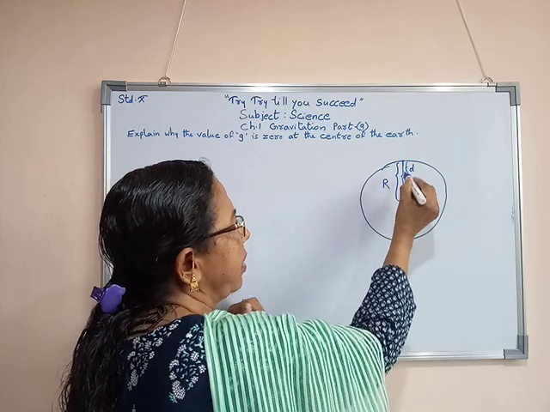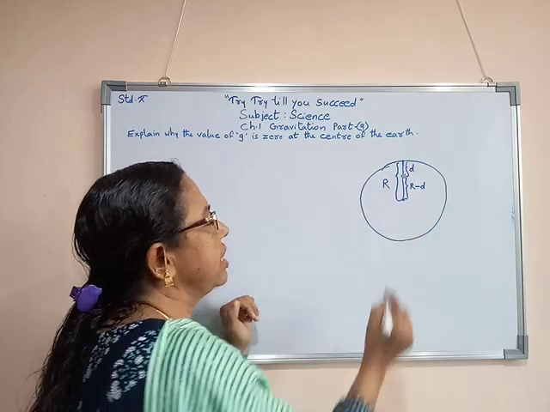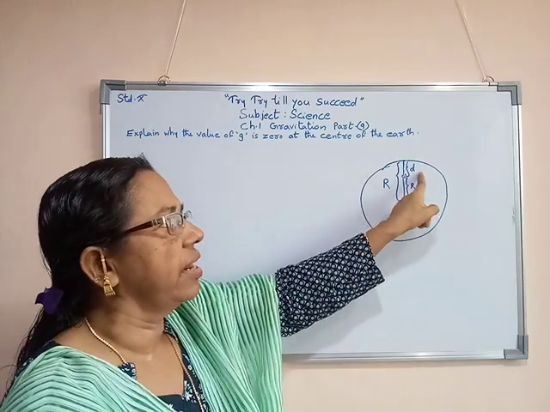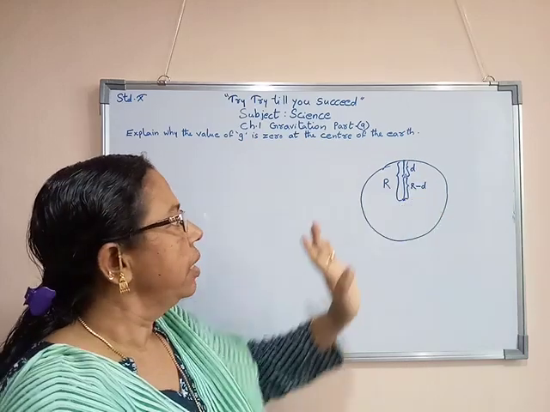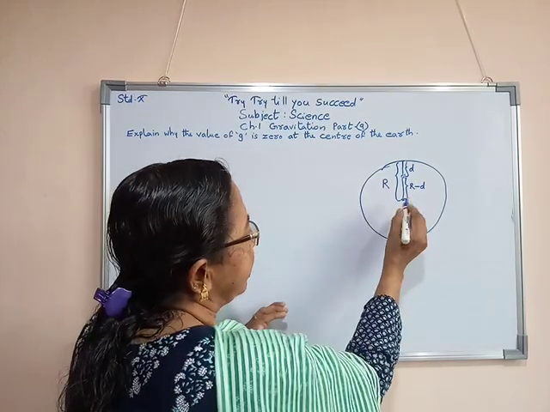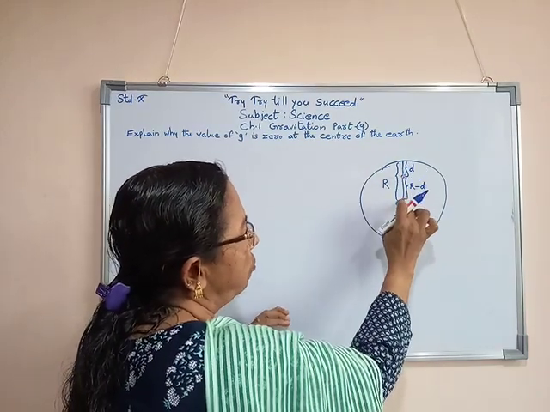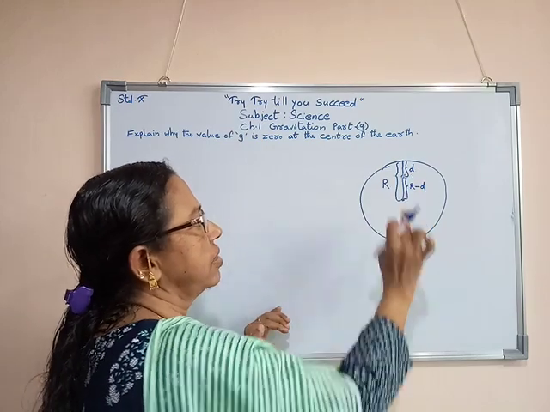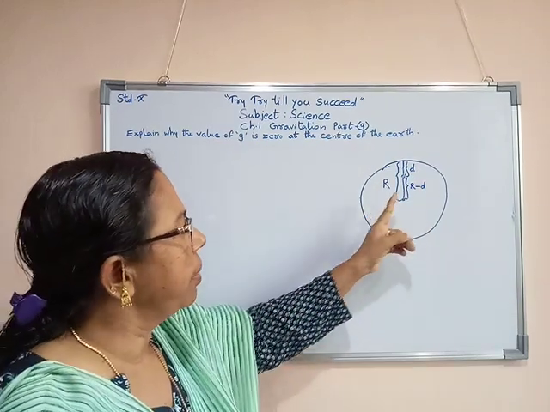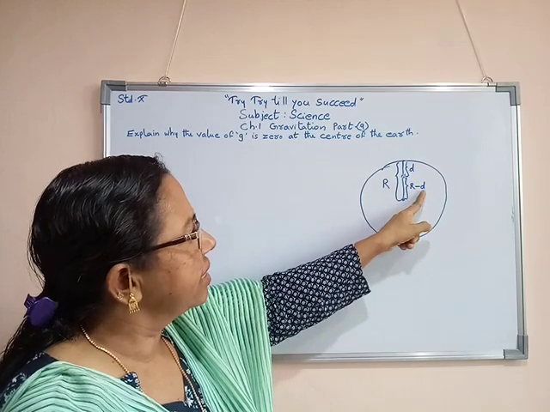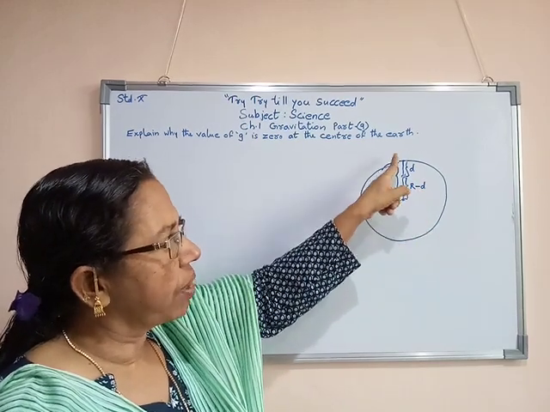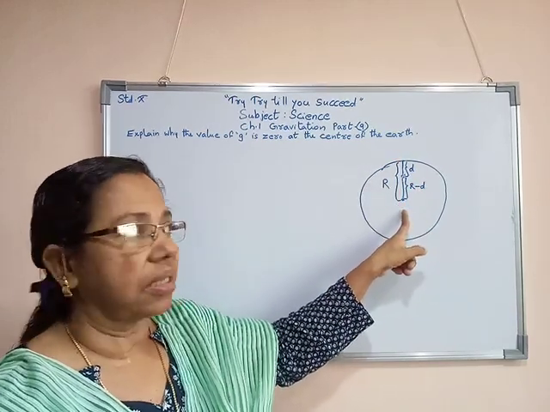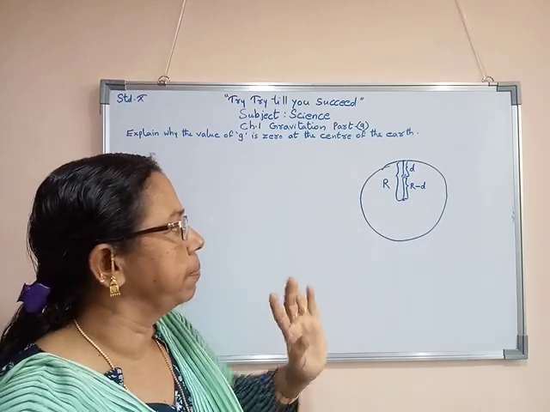So from the surface towards the object, how much distance the object covered, that we can write as small d. Now for calculating the distance of the object from the center of the earth, we subtract that distance from the radius of the earth, that is R minus d.